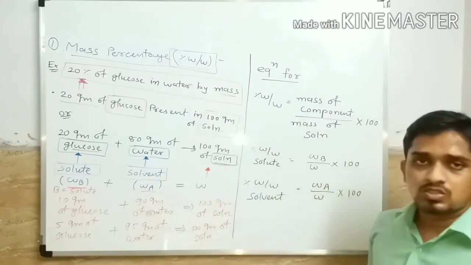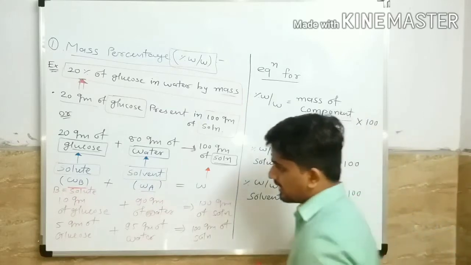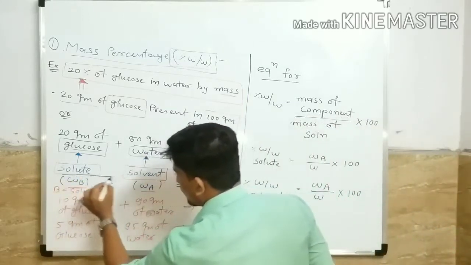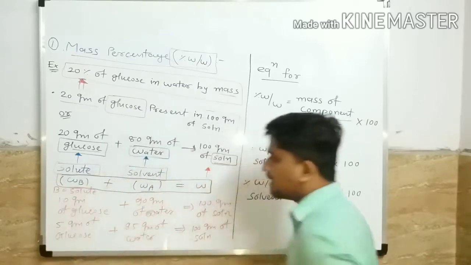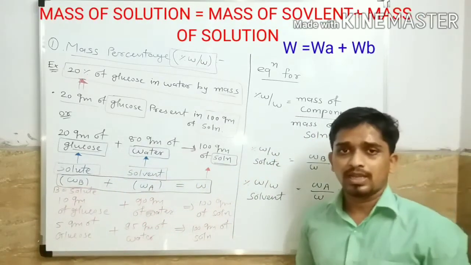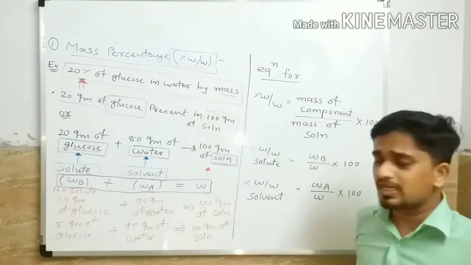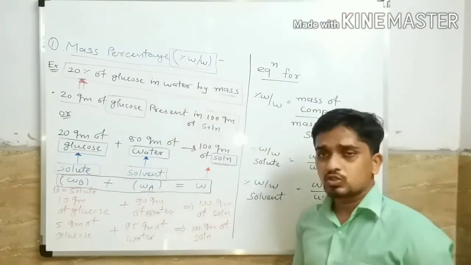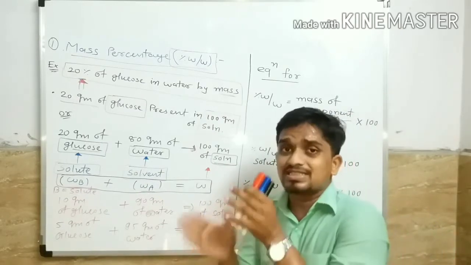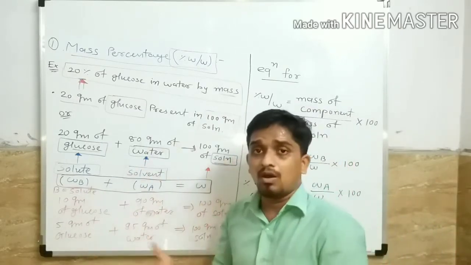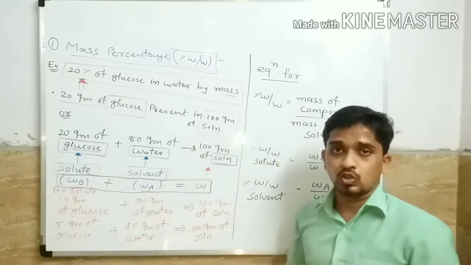Now we can see that here W is equal to WB plus WA. So we can also say that the mass of a solution is nothing but the sum of mass of solute plus mass of solvent.